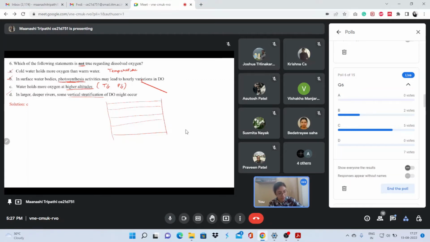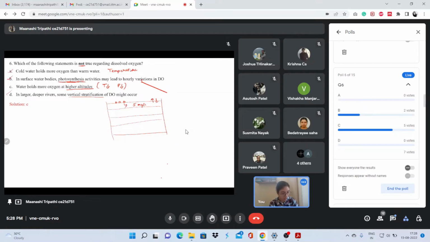For example, on the surface there will be some atmospheric transfer, so maybe DO is 5 mg per liter, and in the downward side there will be some floating plants also. So they will do photosynthesis and create oxygen.